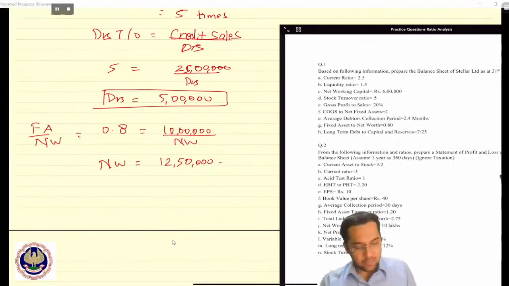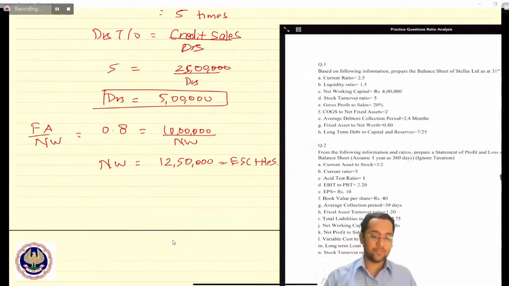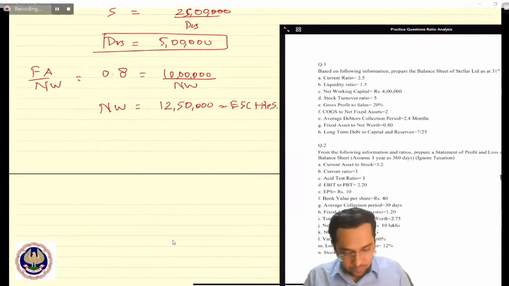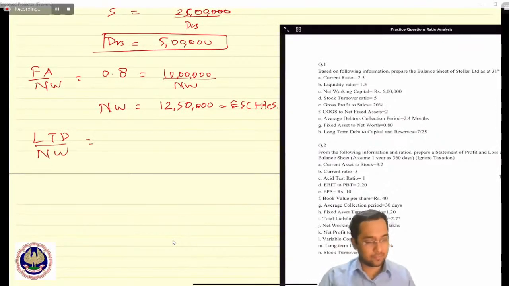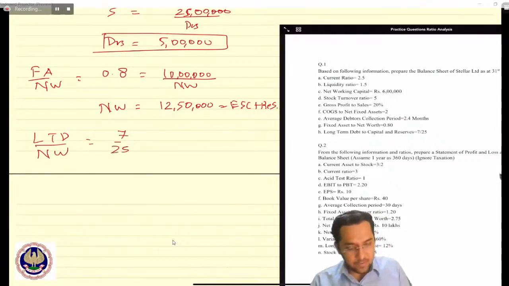What is ideally our net worth? We say it is equity share capital plus the reserves. Then the last ratio, we have long-term debt to capital and reserves. Capital and reserves is nothing but the same net worth. It is given as 7 by 25.